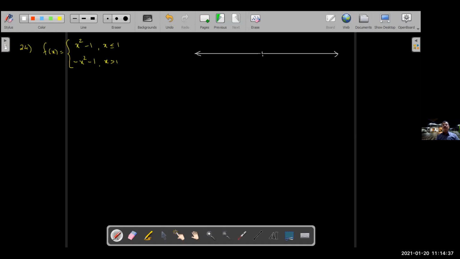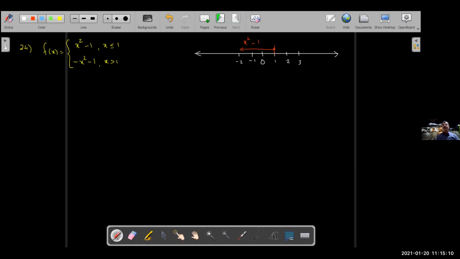So we have 0, 1, 2, 3, minus 1, minus 2. See, less than or equal to 1, that means from 1, the function is x square minus 1.